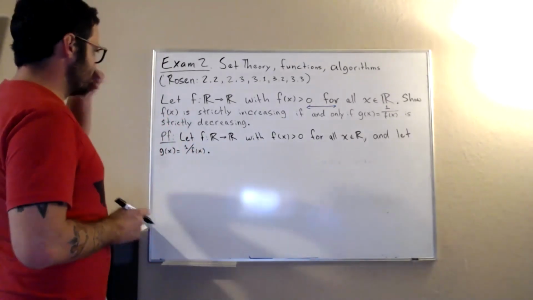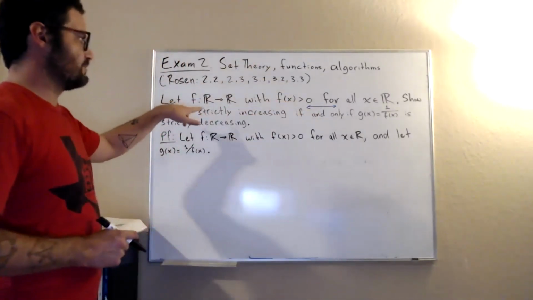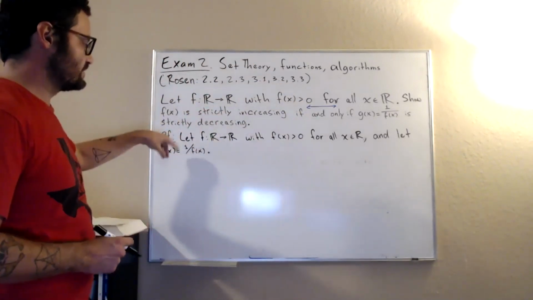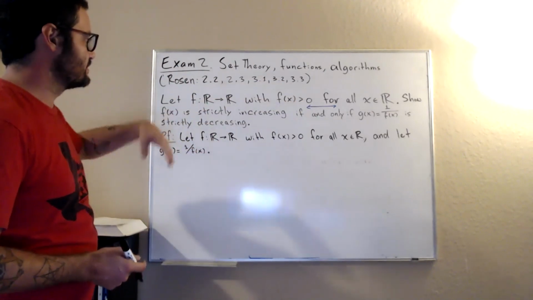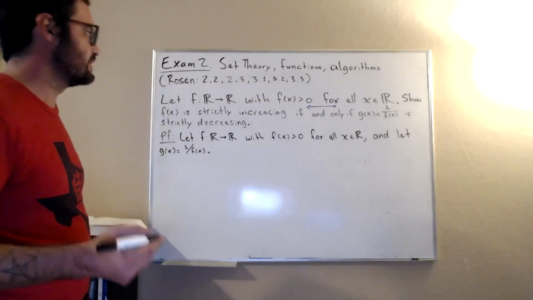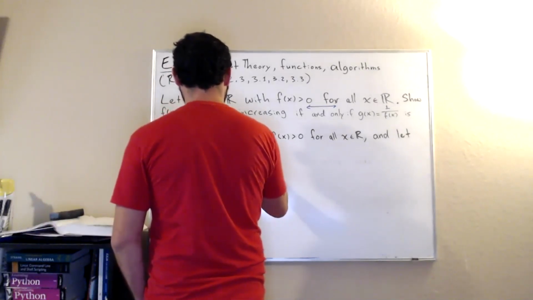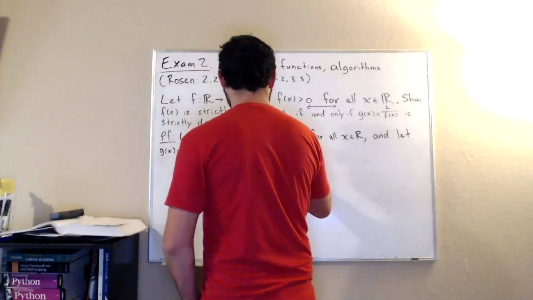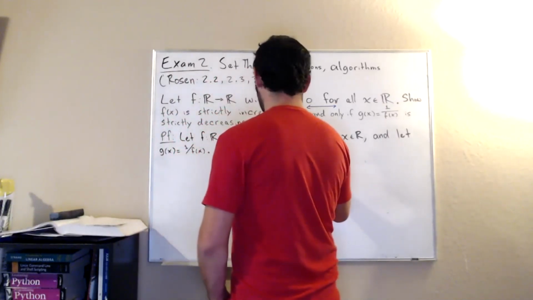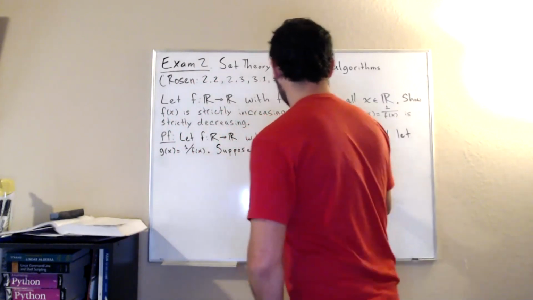First we're going to suppose f is strictly increasing and show that this implies g of x is strictly decreasing, and then conversely, we're going to show that g of x strictly decreasing implies that f of x is strictly increasing. So suppose first f of x is strictly increasing.